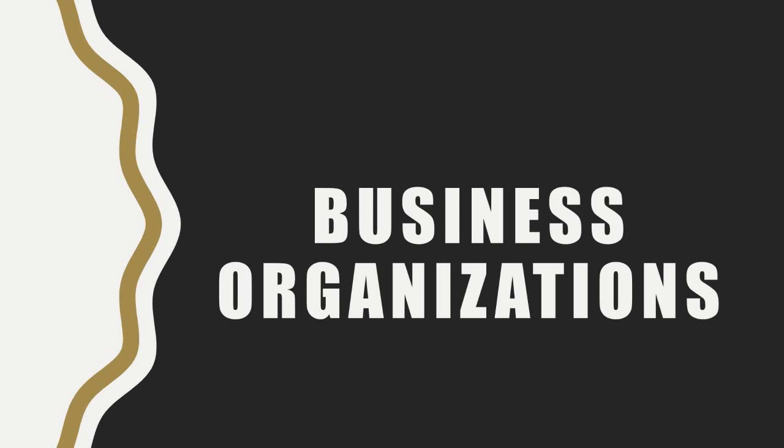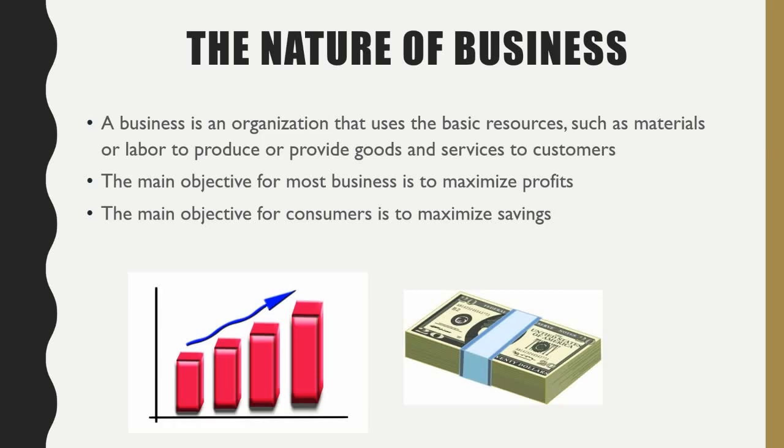But of course, we want to look at what kind of business organizations exist in accounting. So again, here we're going to be looking at the nature of the business, okay? The definition of the nature of a business is any type of organization that uses its natural resources to ultimately produce a product or provide a service for its customers, okay?